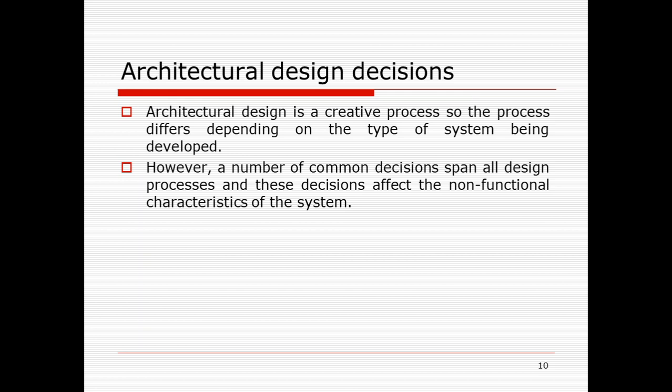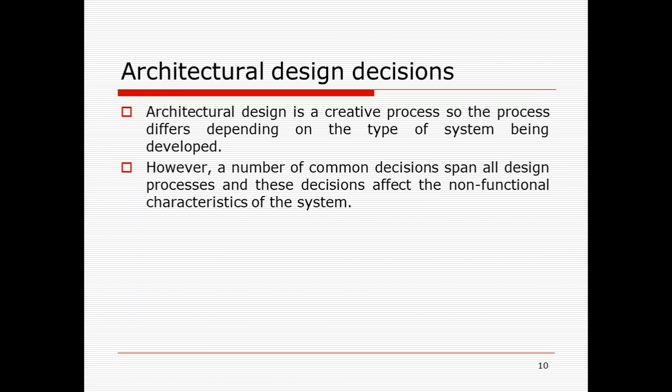So the architectural design is a creative process, and this particular process can vary with the type of system to be developed, that is, from system to system. For some systems the architectural design process can be of one kind, whereas for other systems it can vary slightly and be of a different kind. However, it contains some common decisions which span across all the design processes.